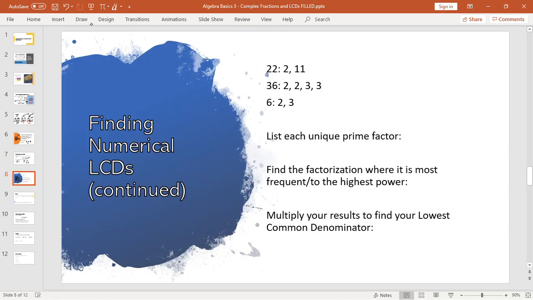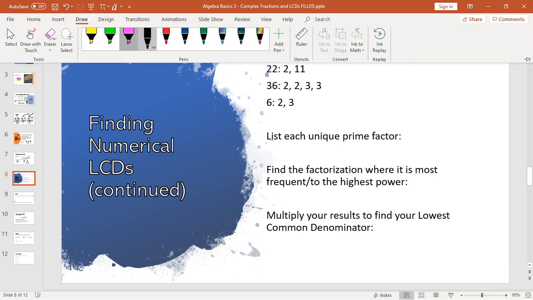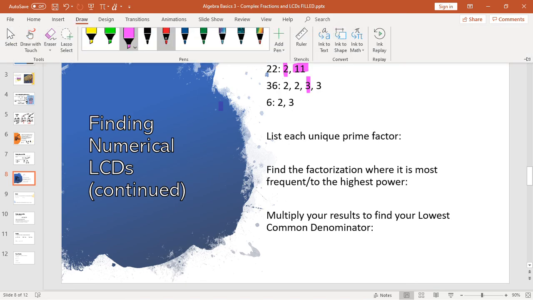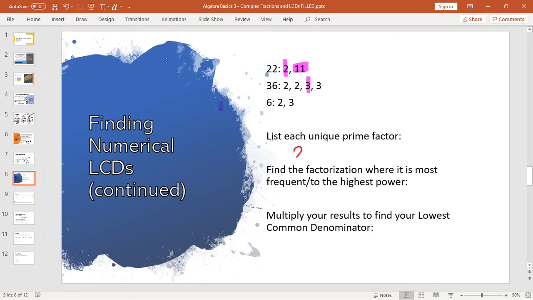Next, and this is a list I had before, find each unique prime factor. So what different things do you see in there? I see 2's, I see 3's, and I see 11's, and that's all I see. So 2, 3, and 11. And this wording is terrible, but what I mean by this is find where there are the most of them.